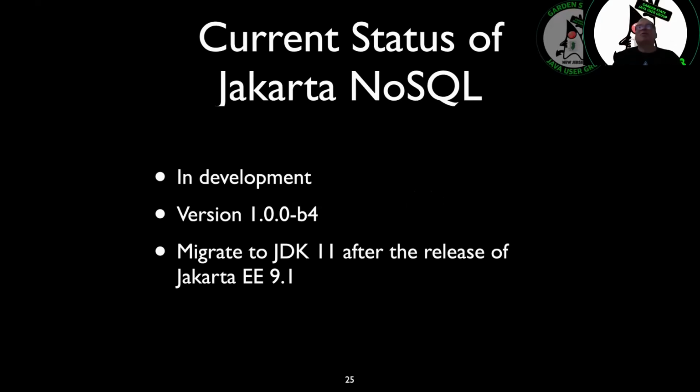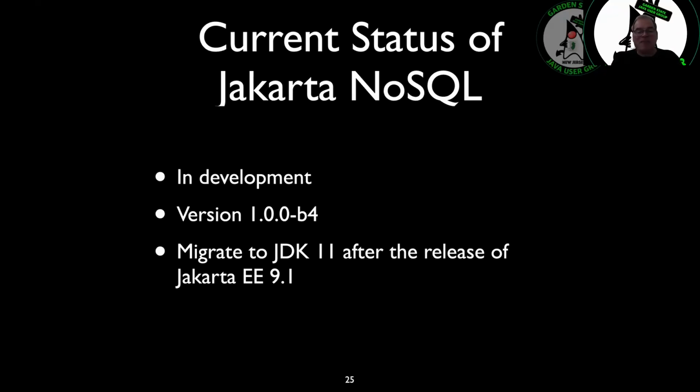Jakarta EE 10 has been developed the last number of months, ever since 9.1 came out last May of 2021, I should say. So at some point, this will become part of the platform profile. So it's still in development. It's version 1, beta, B4.